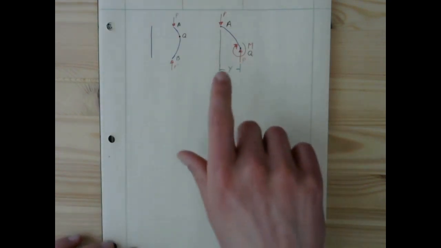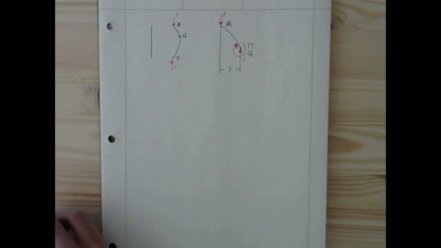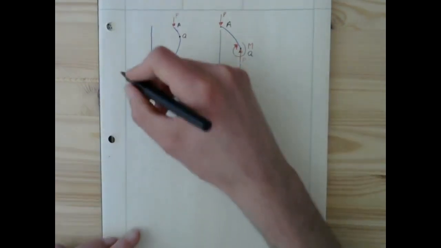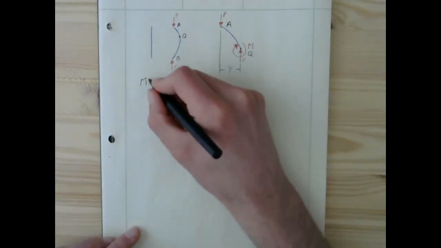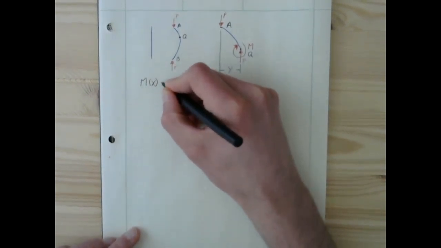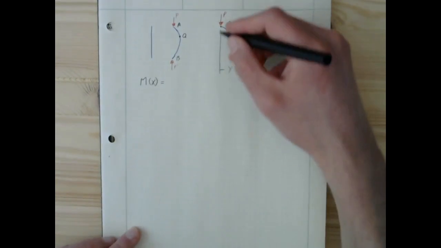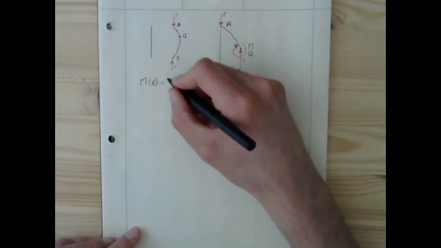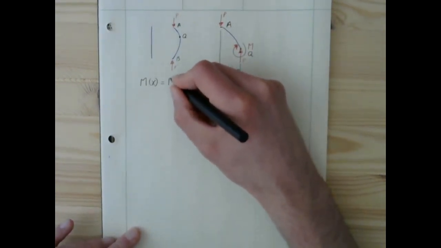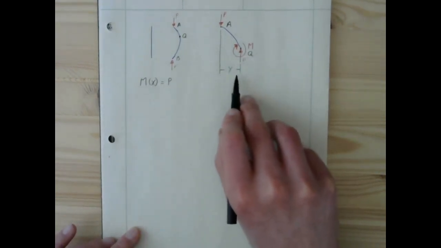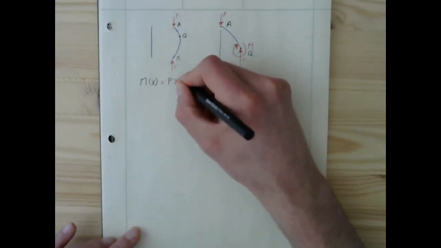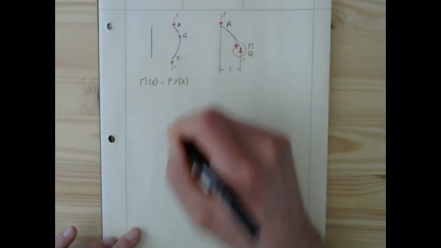So we've got that, which means that we know that the moment at this point, I guess it's a function of x. Sure, why not? Can be, because it's going to change as we move along here. Is going to be equal to the force P that we have applied times this distance y, which is a function of x.